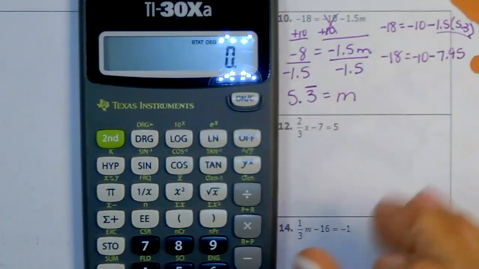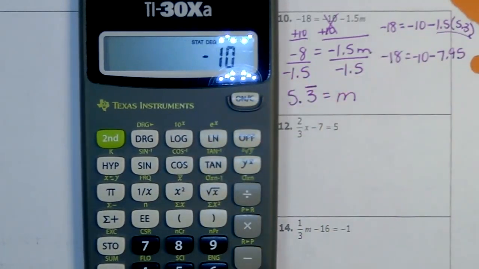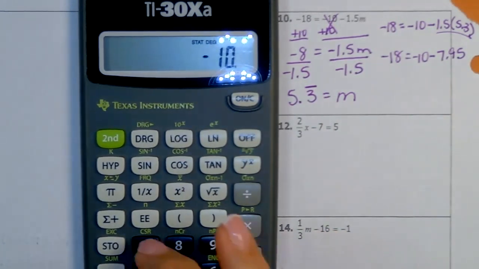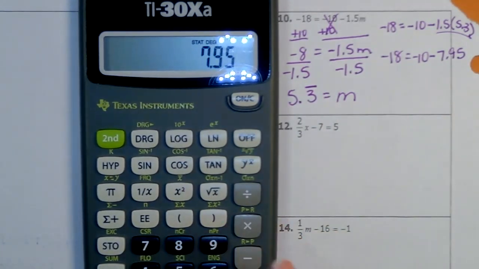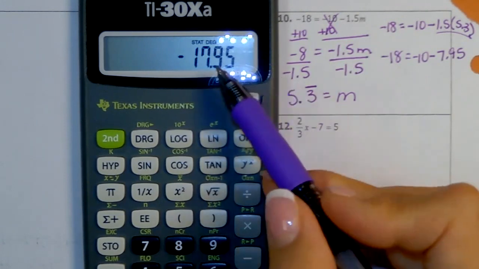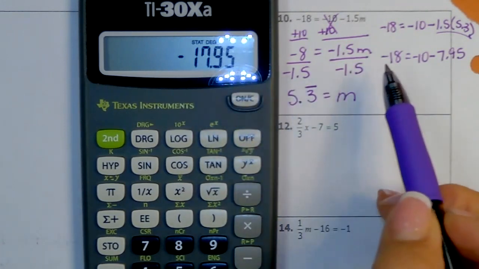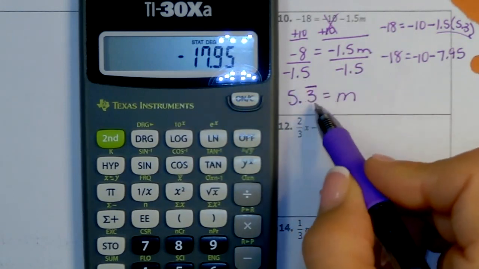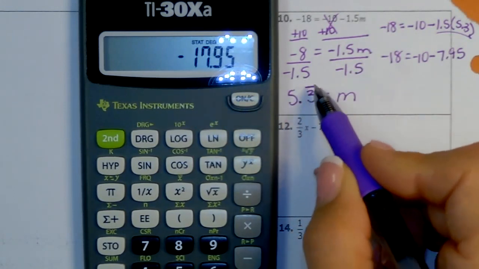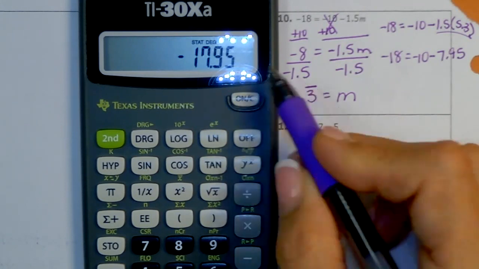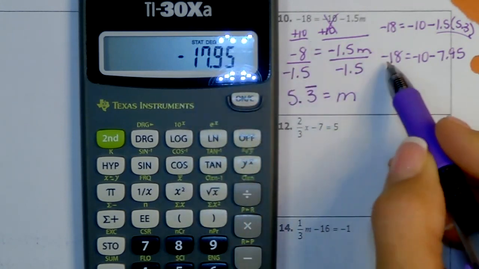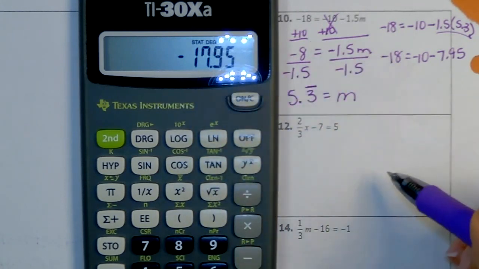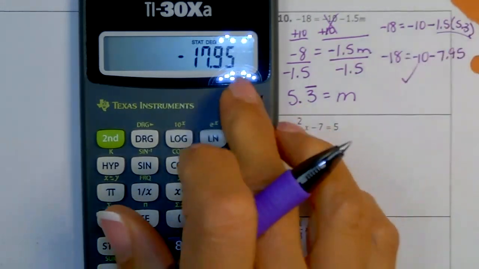Then I'm going to subtract: negative 10 minus 7.95, which gives me this. Now this is not exact, but that's because I have a repeating decimal. So this does make sense. This does round to negative 18, so this is correct.